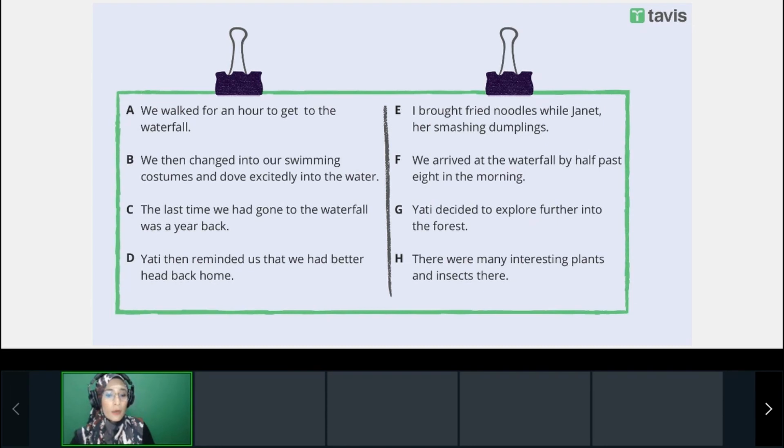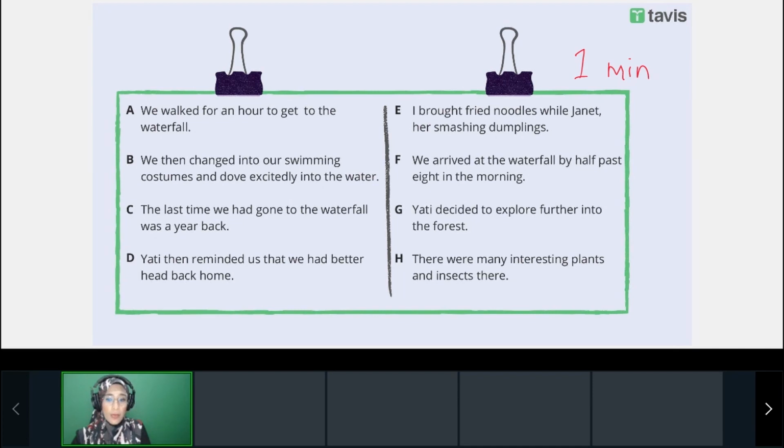First of all, read the options. Please spend around a minute, just 1 minute only, to skim the whole thing. Skim is the first step.